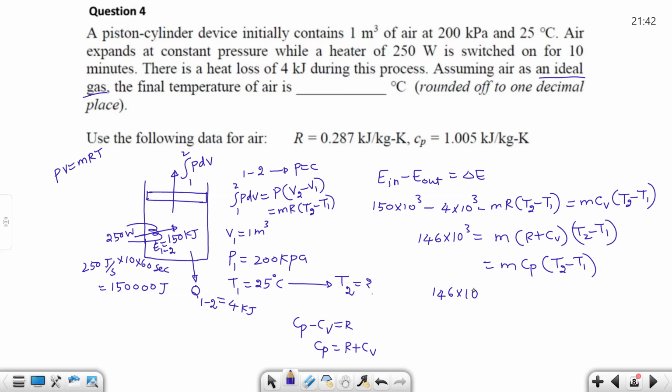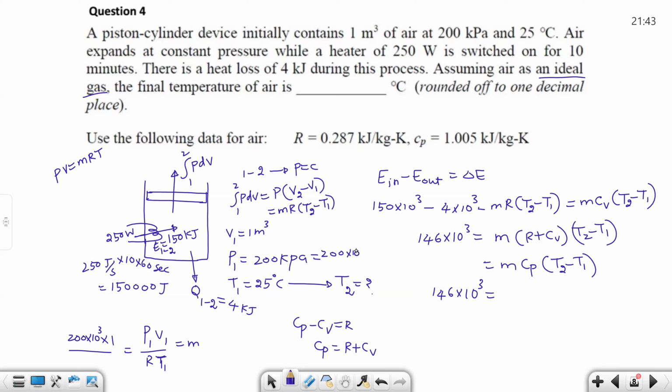It is in joule. Mass we need to calculate, because you are given P1 V1 by R for the mass. P1 is 200 into 10 power 3 Pascal, because this must be substituted in Newton per meter squared.